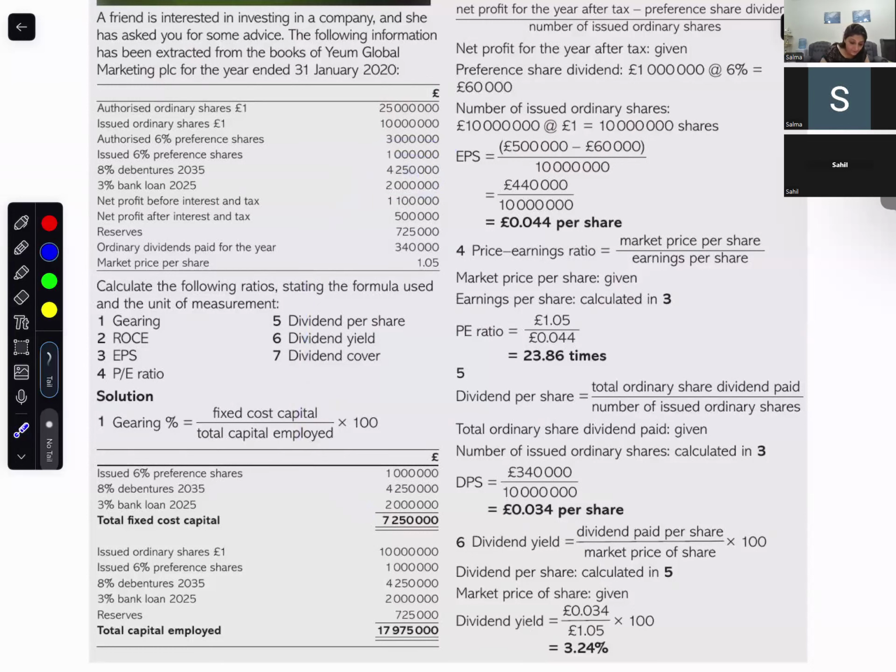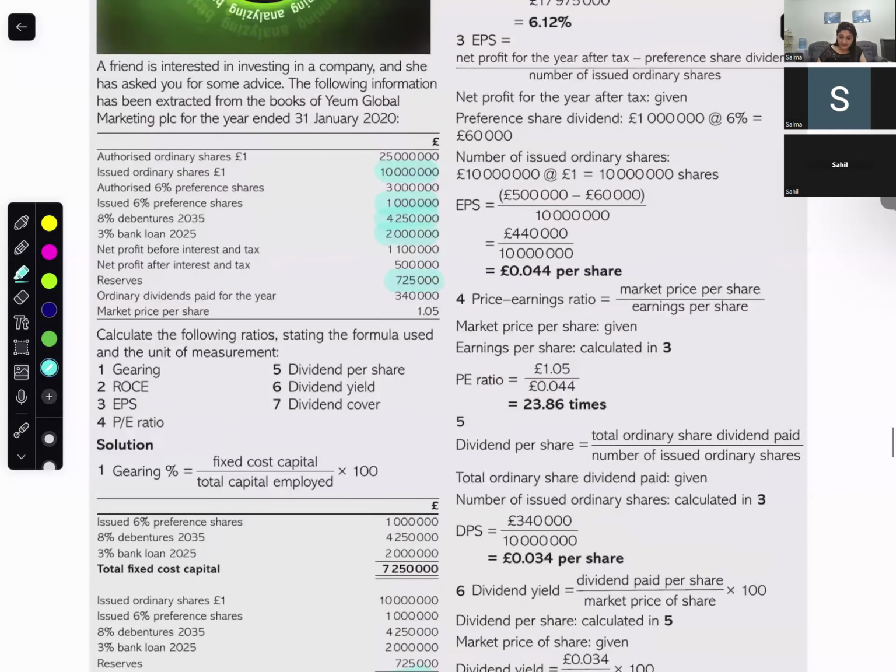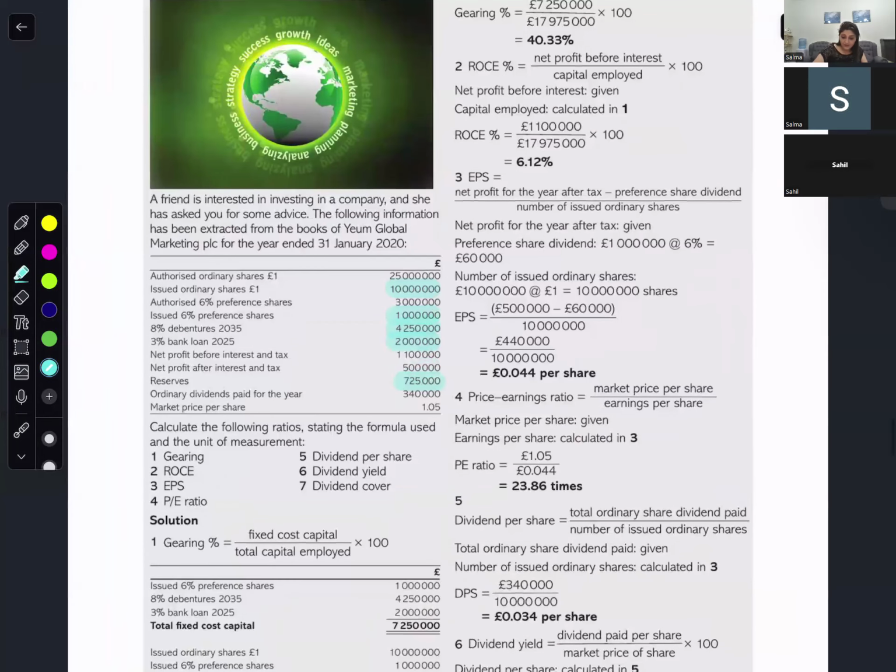Capital employed would be the issued shares, issued preference shares, debentures, bank loan, and the reserves. That totals up to 17,975,000. So your gearing percentage would be your fixed cost capital divided by capital employed into 100, which is 40.33%.